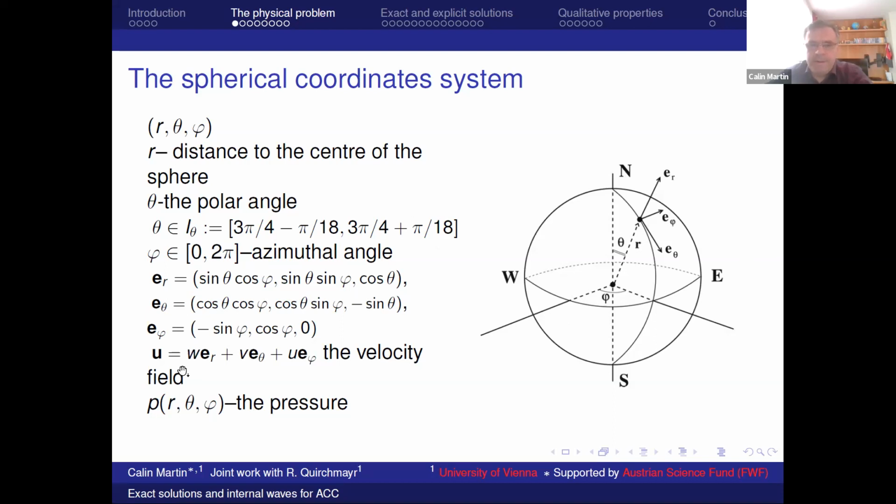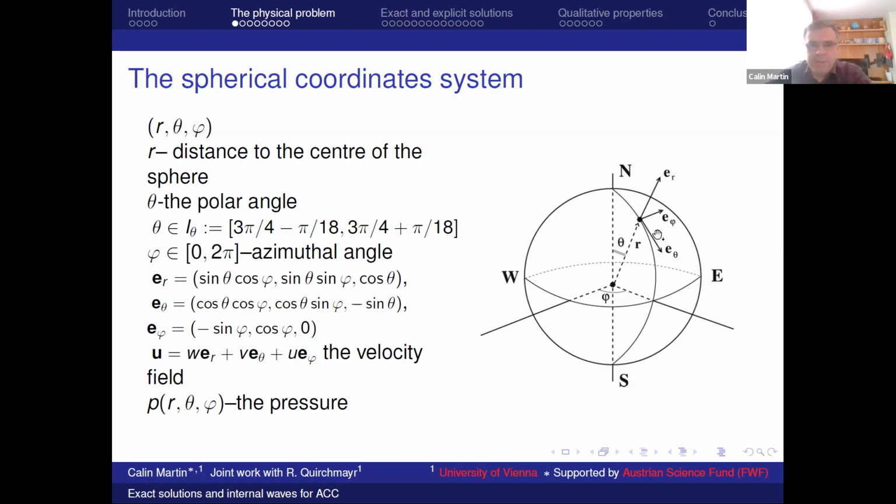We will denote the velocity with boldface U. The component along the e_r vector is denoted W. This is the vertical velocity, and V is the velocity along e_theta, so in the longitudinal direction, and U is actually the most important aspect here, the azimuthal component of the velocity vector.